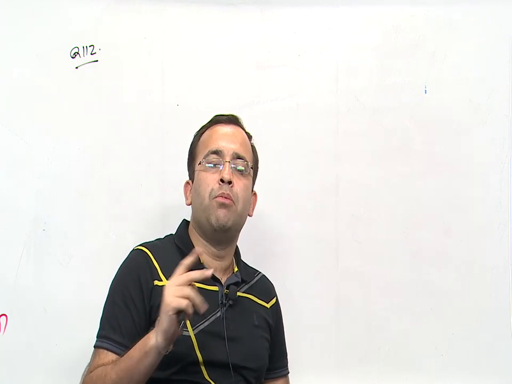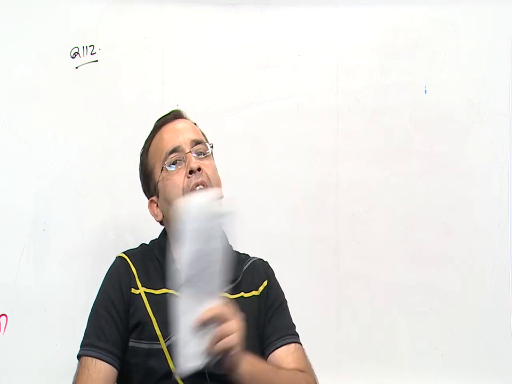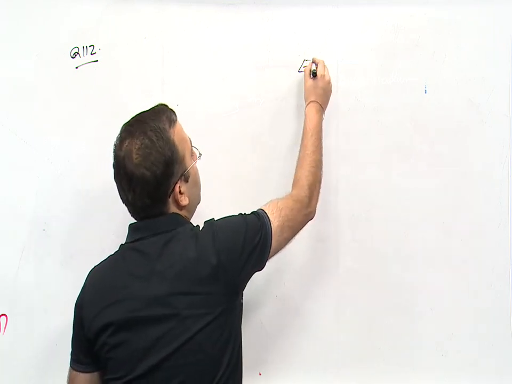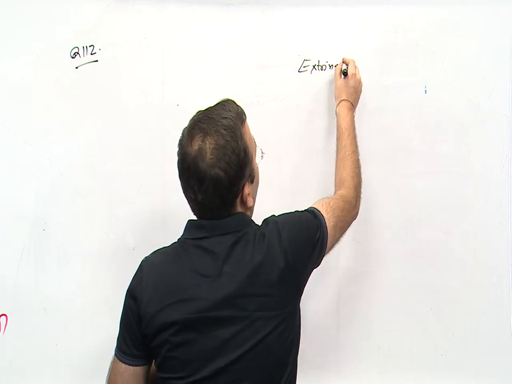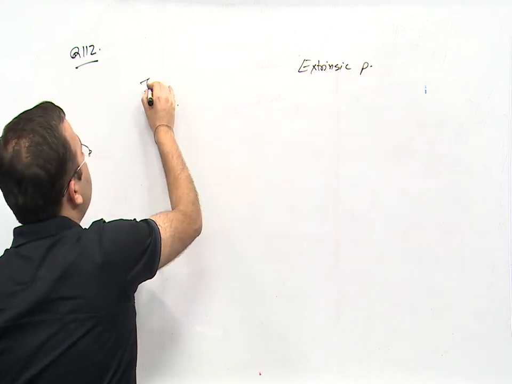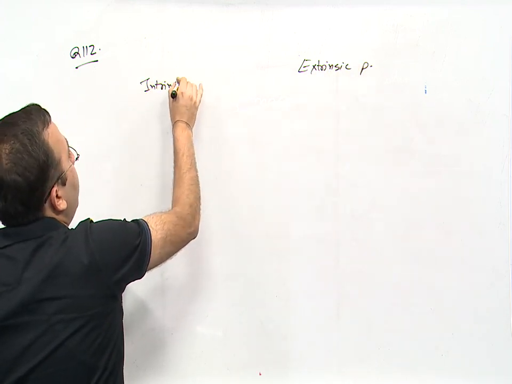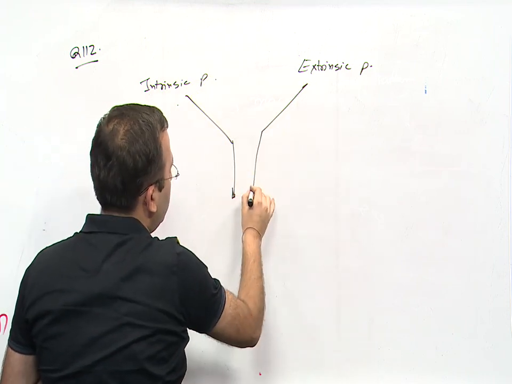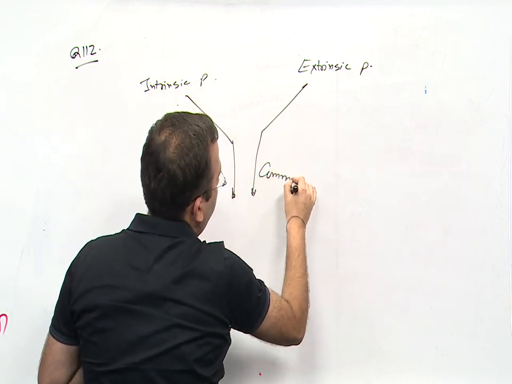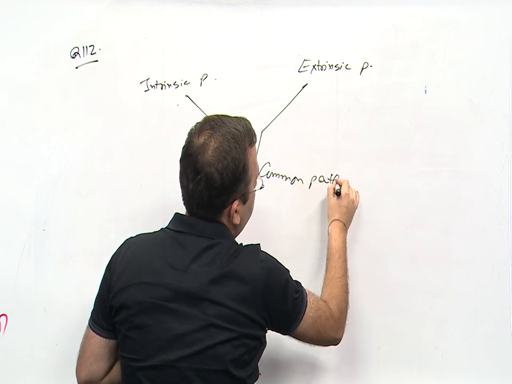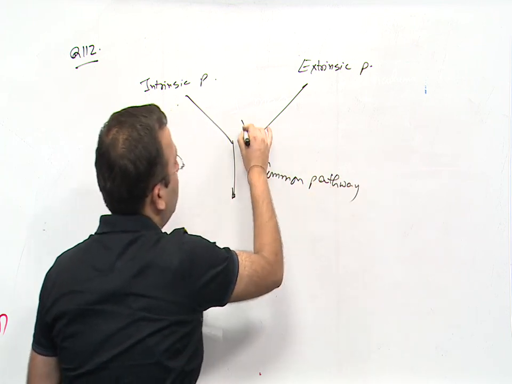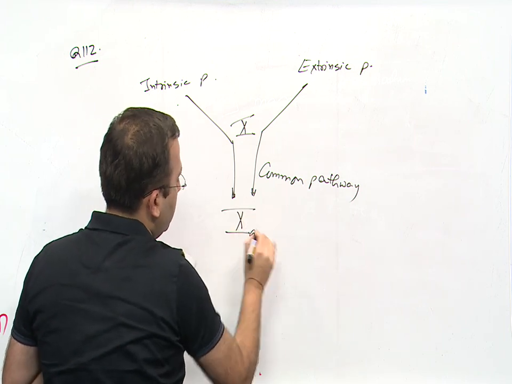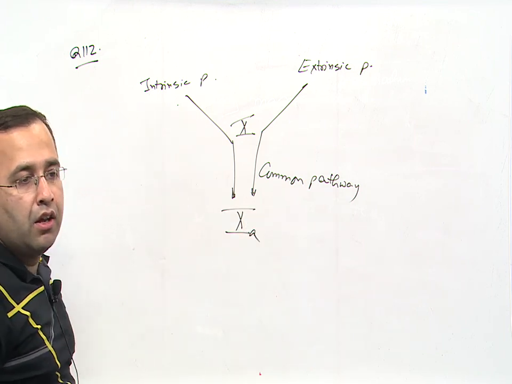Factor 10 is important in both intrinsic and extrinsic pathways. True, because you have the extrinsic pathway and the intrinsic pathway which come together onto the common pathway. The first step in the common pathway is conversion of factor 10 to 10A.